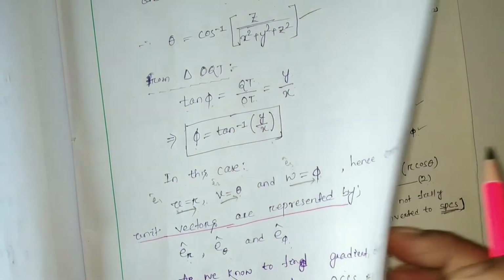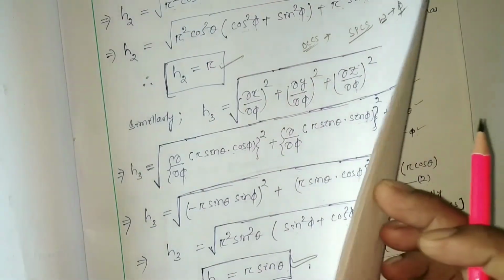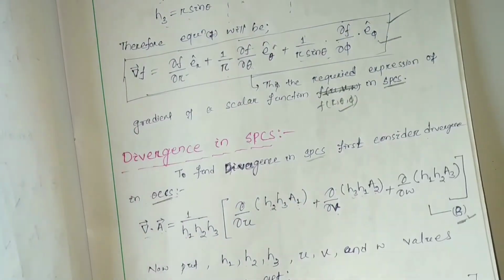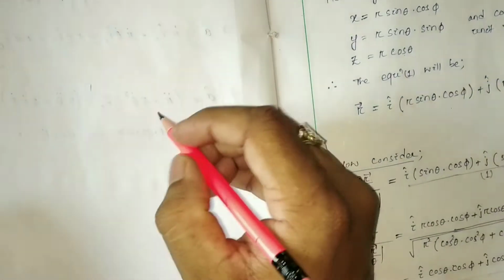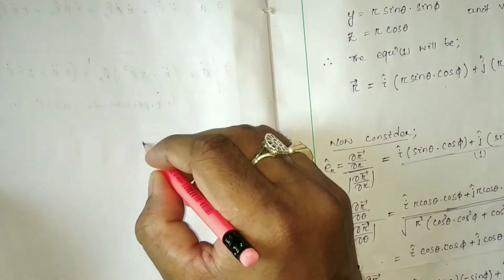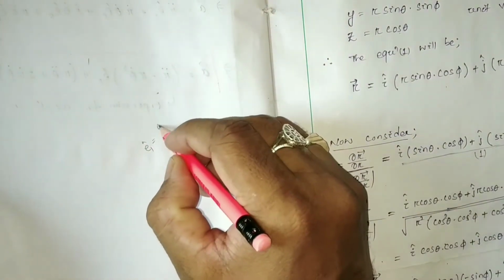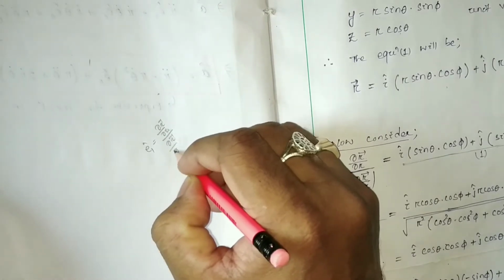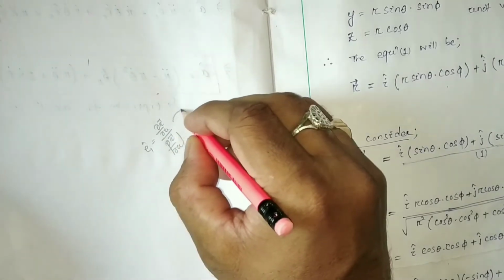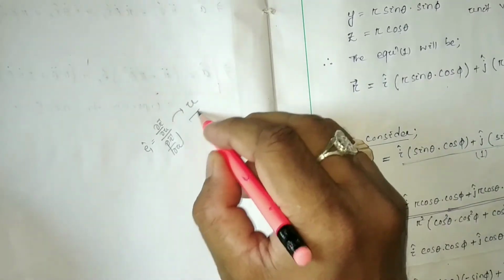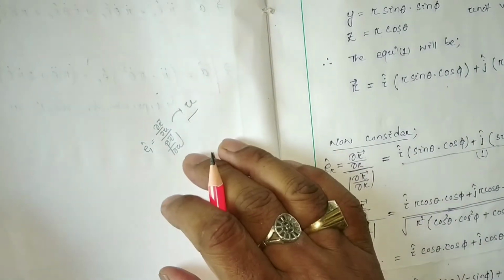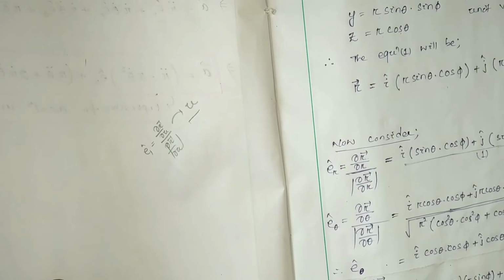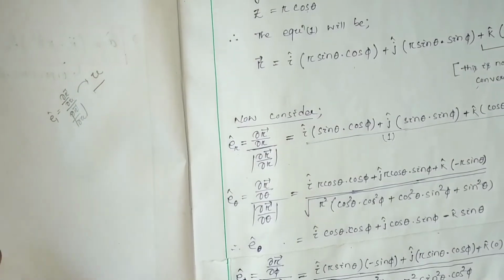Okay, so e1 cap is nothing but del r by del u divided by the modulus of del r by del u, corresponding to the u curve, that we already discussed from our initial video. You can watch that or you can check your notes.